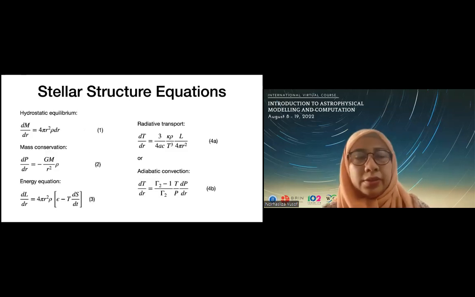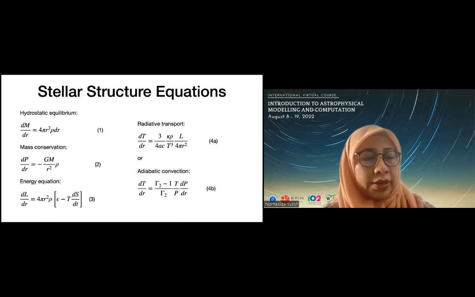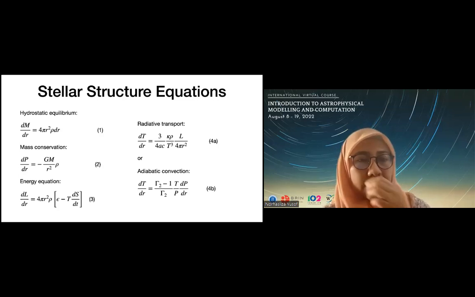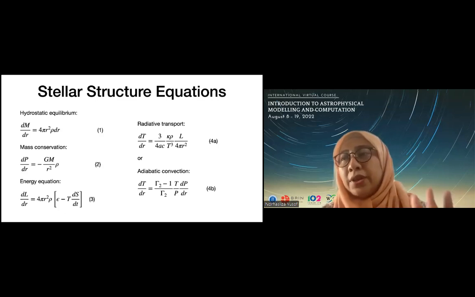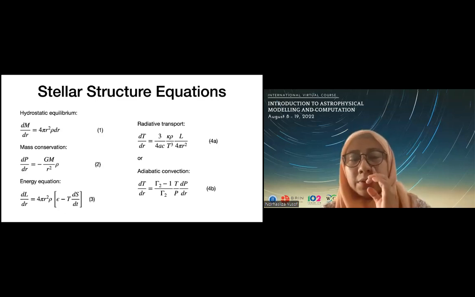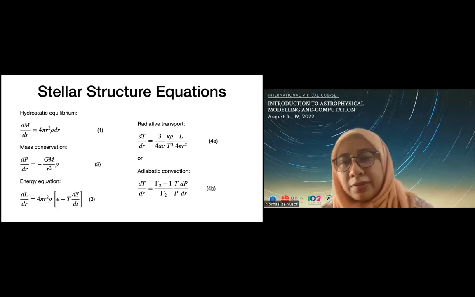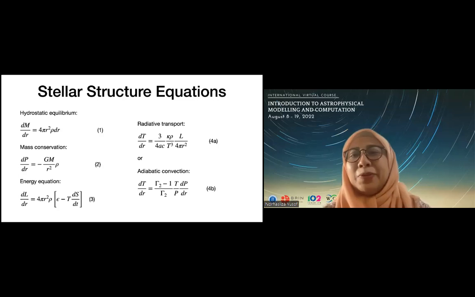All right, so I move on to the stellar structure equations. Stellar structure is governed by four differential equations. From here you can see that we have 4a and 4b, but don't worry about that.